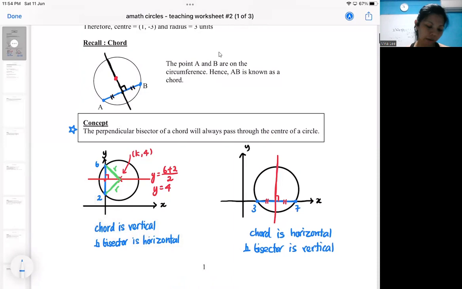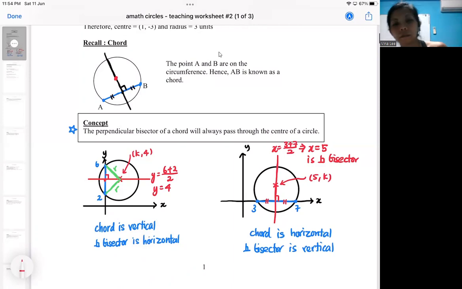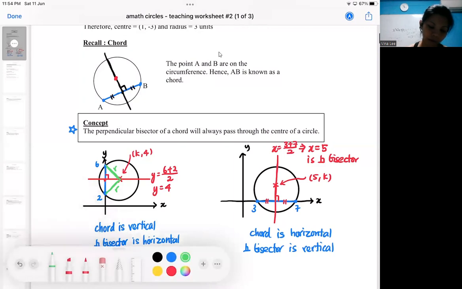If they are 3 and 7, the perpendicular bisector will be just half of it, so this is the equation of the perpendicular bisector. And if there is a perpendicular bisector, the center will be (5, k). Usually k can be found if they have given you some radius information.